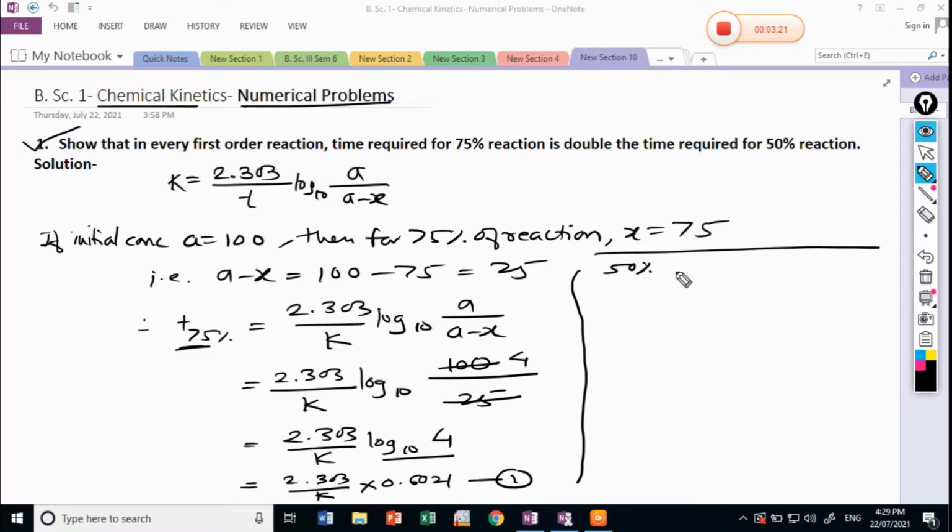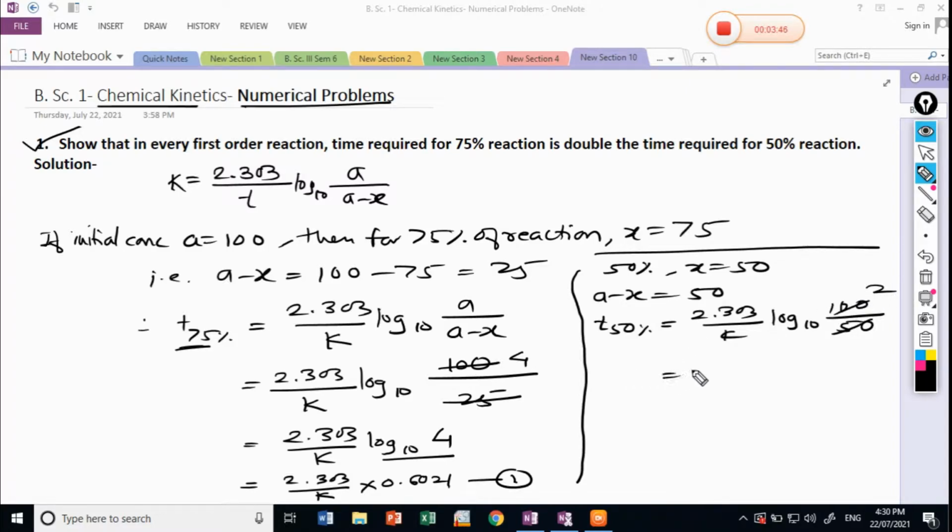Similarly for 50% reaction, x will be 50, and a minus x will be 100 minus 50, that is 50. So what is t 50%? t 50% is equal to 2.303 upon k log to the base 10, 100 divided by 50, which is 2.303 upon k log to the base 10 2.